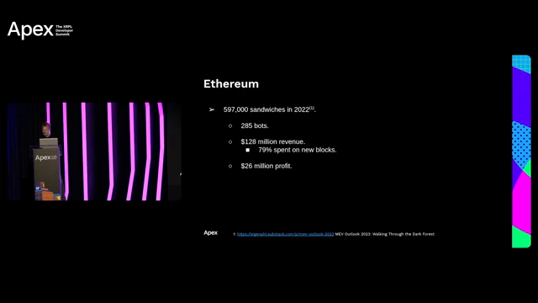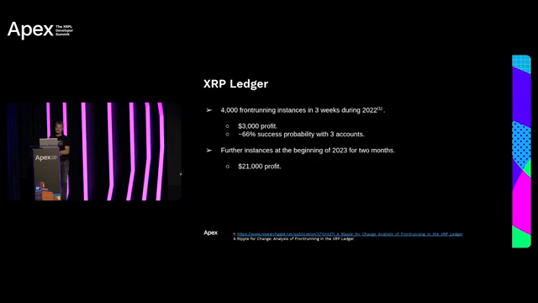What I do have is a small glimpse of how front-running looks on the order book. What we saw is that in summer of 2022, one entity performed around 4,000 front-running attacks using 3 accounts. It yielded a profit of around $3,000, and their success probability was 66%.